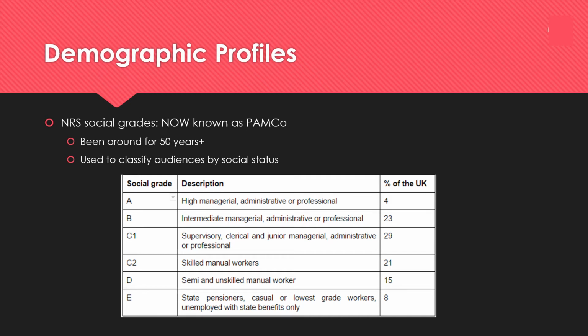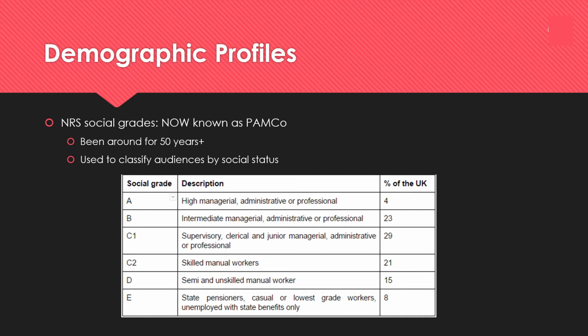Now what they usually do is say that a product falls into ABC1 at a particular percentage level. So for example, if a product falls into ABC1 90%, then 90% of the audience fall into A, B or C1, and only 10% fall into C2, D and E.